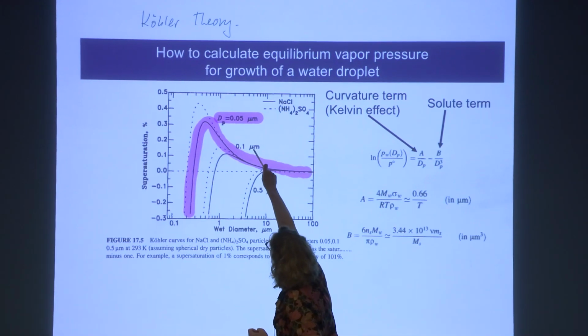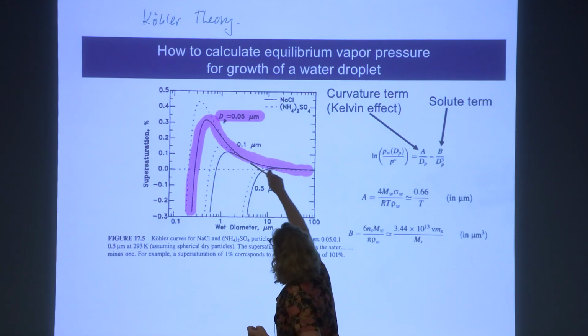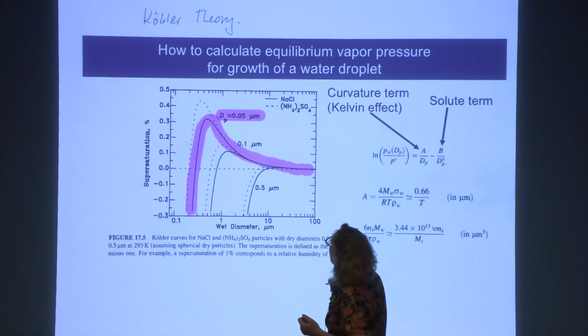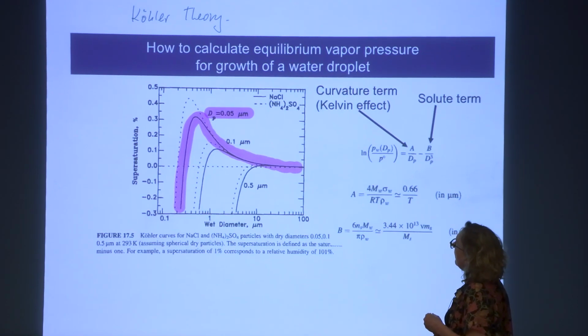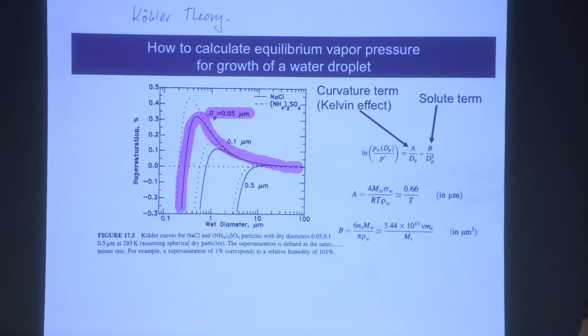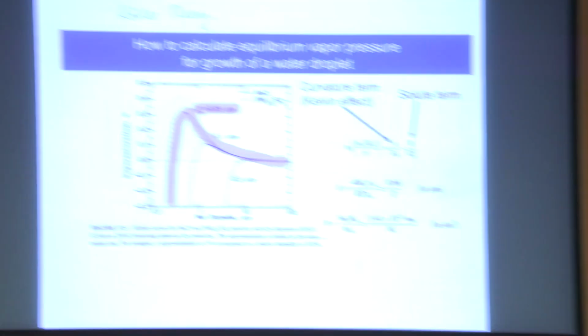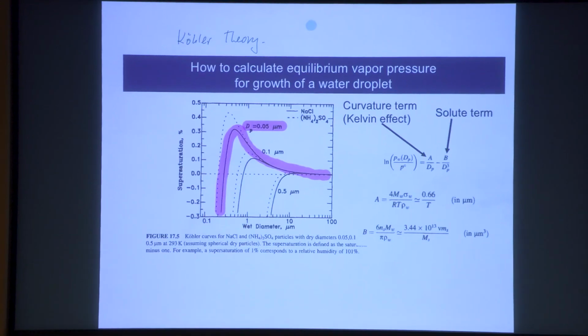And then for the next one, we take more sea salt, so we use a 0.1 micron sea salt particle, and down here it's a 0.5 micrometer sea salt particle. Okay, and so then what does this tell us? So the right-hand side here, this is really interesting.